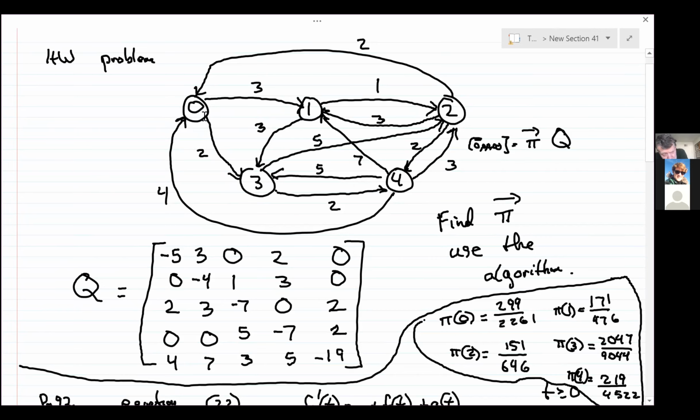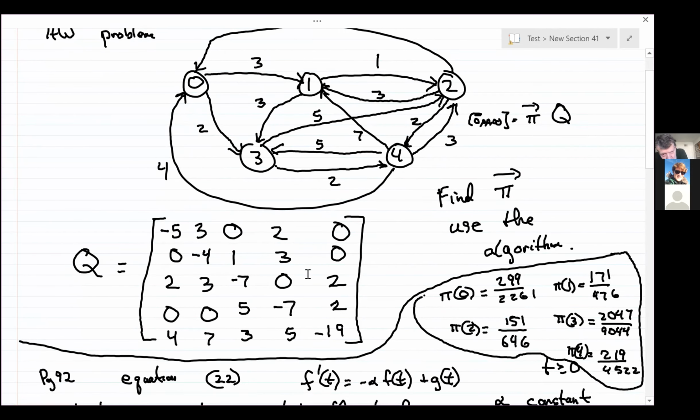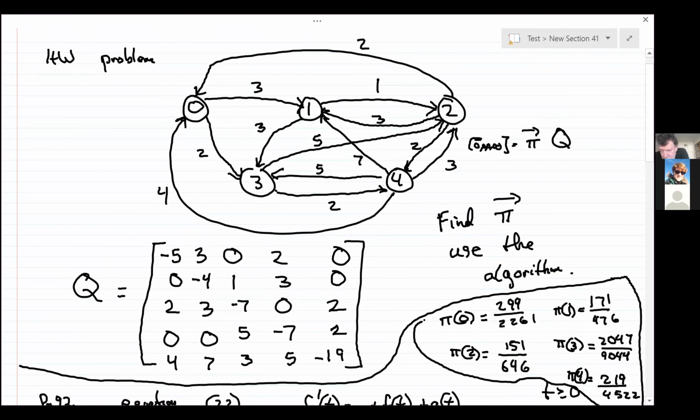So find m0, m1, m2, m3, and m4, which you should be able to do knowing what Q is and knowing what the unique stationary distribution is. I'll give you another little time to copy this down.